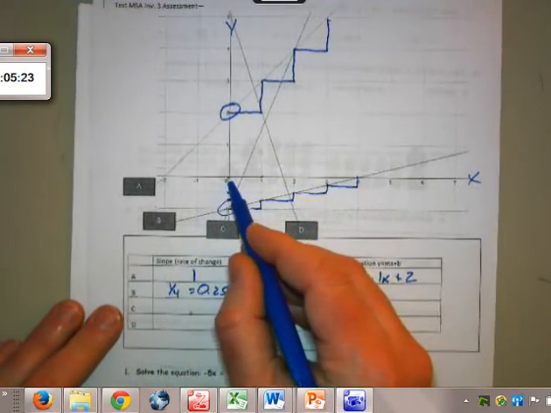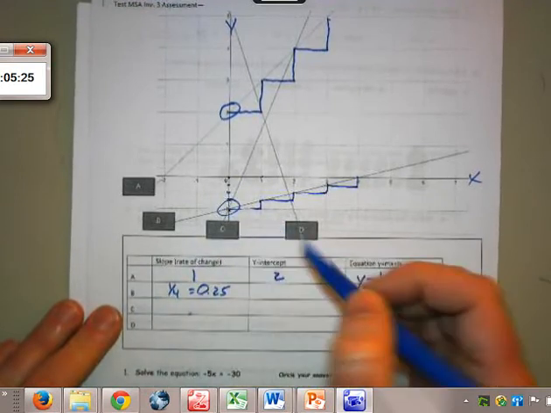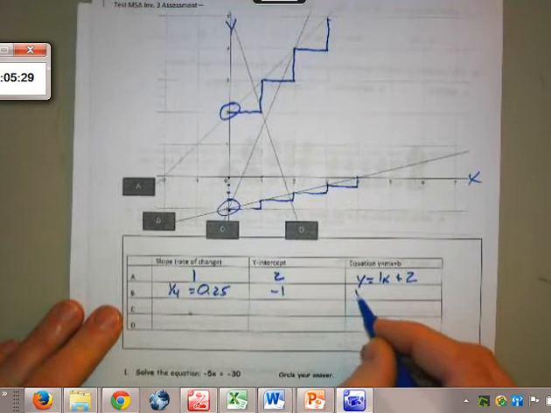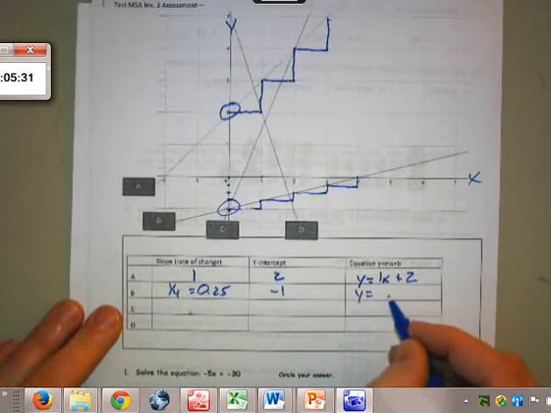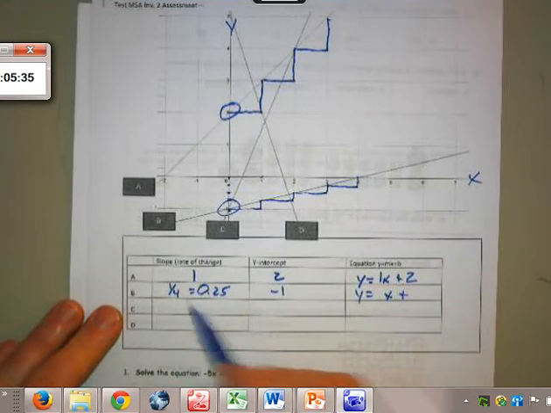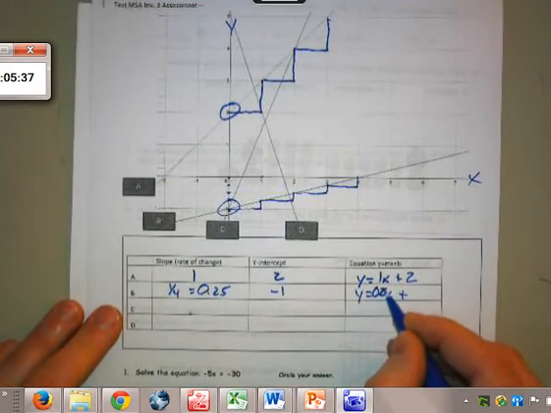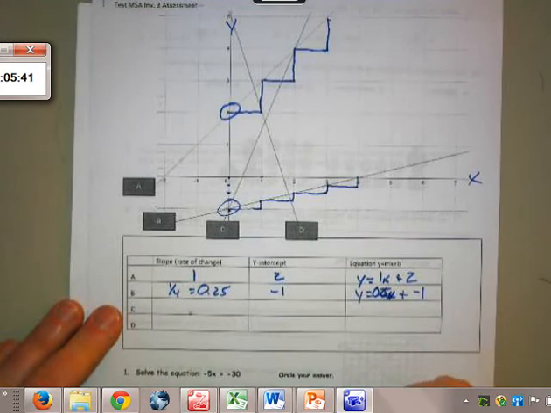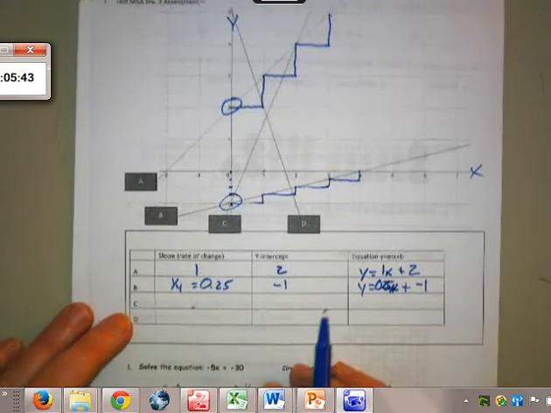And I can see right there that 0 is here. I went down to -1, so it's -1. Once I have those two established, I go over to my y equals mx plus b, and I plug in, what's my slope? 0.25x plus -1.